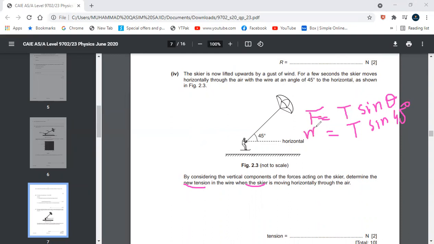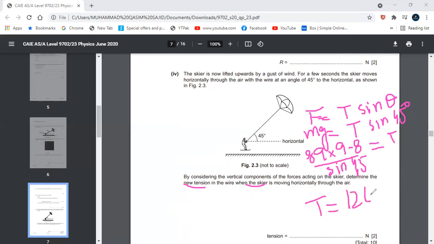So this must be M into G. The value of mg is 89 and the value of G is 9.8. We have to find the value of T. So T must be this divided by sine 45. So this value equals 1200 Newton.